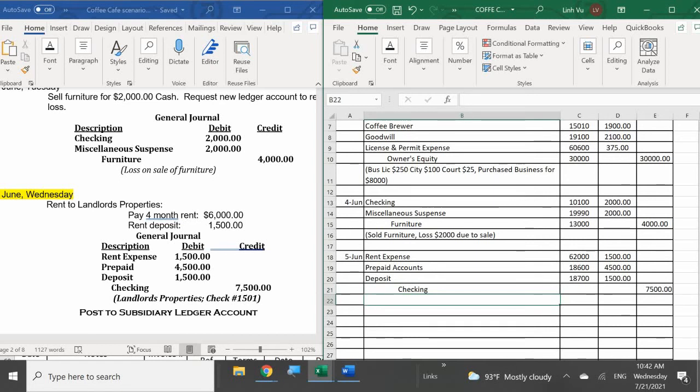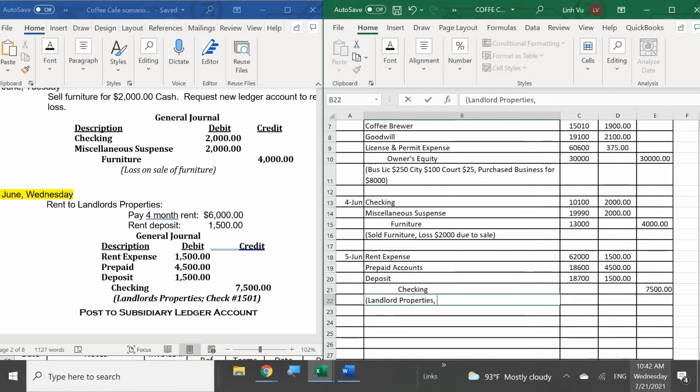Now, your description is going to hold information such as, first things first, who is this person you wrote a check out to? Who is the vendor that you are working with? In this case, Landlord Properties. Okay. Now, you could put description saying this is for rent.